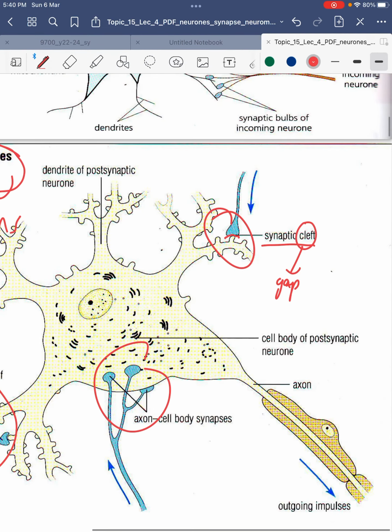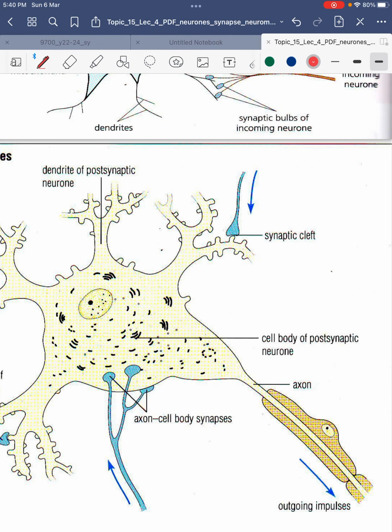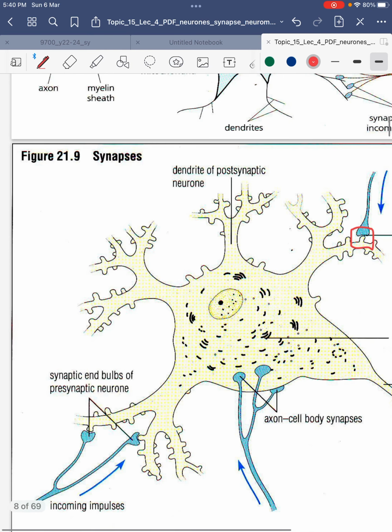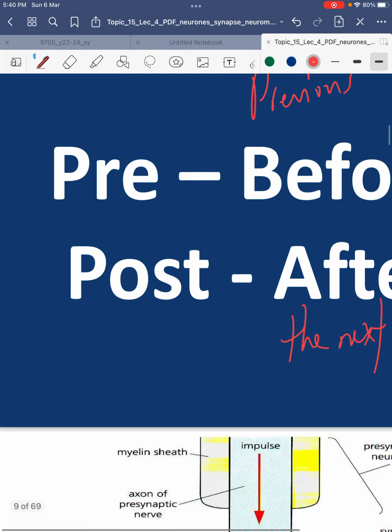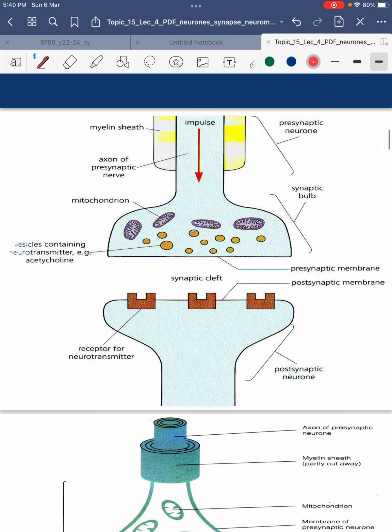And that is what you see here. So this is the presynaptic membrane of the synaptic bulb or the synaptic knob, and this is the postsynaptic membrane of, it can be the dendrite, it can be the cell membrane of the neuron.